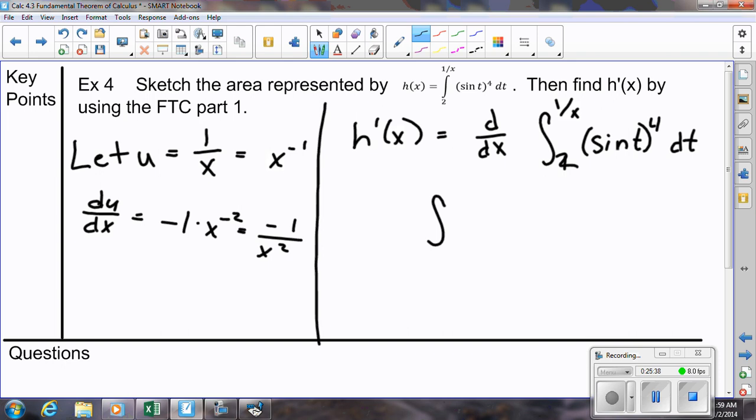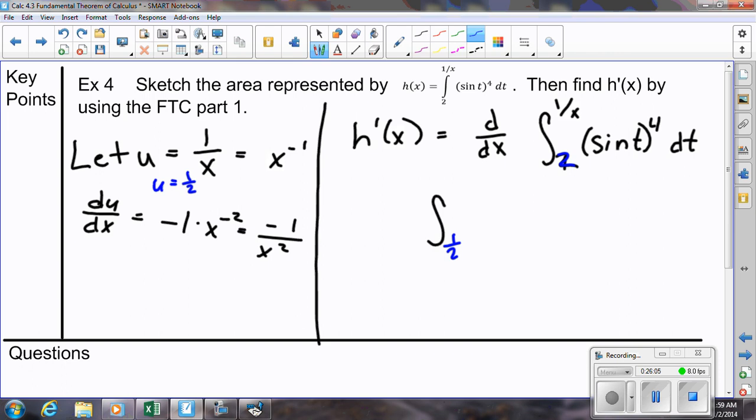If x is equal to 2, then u is going to be 1 over 2. So we're changing the lower bound from being a 2 in x over to a 1/2 in the u variable. Still not going to be a problem, because the fundamental theorem of calculus requires that we have a constant at the bottom, and we have a constant, so we're okay.